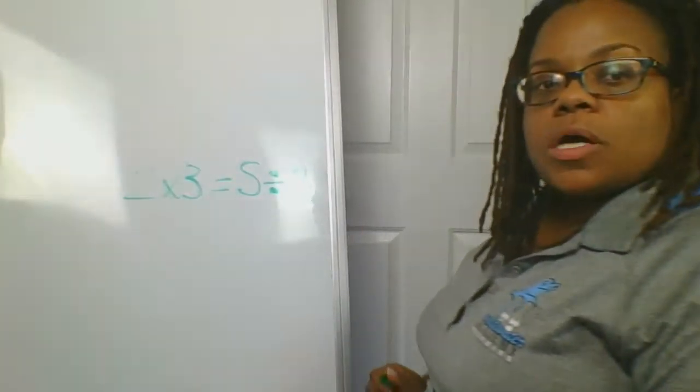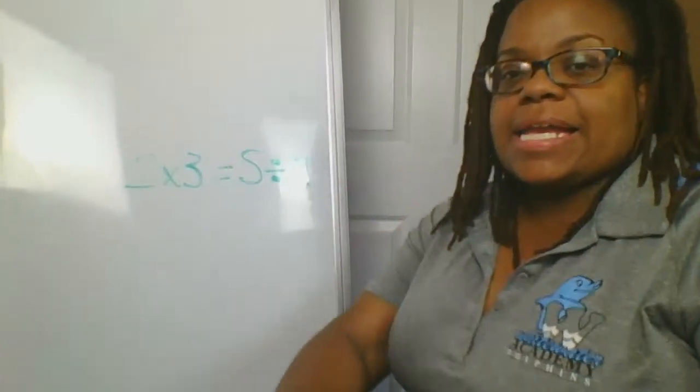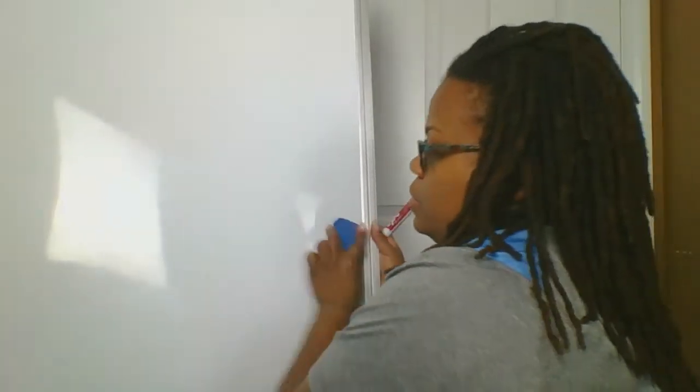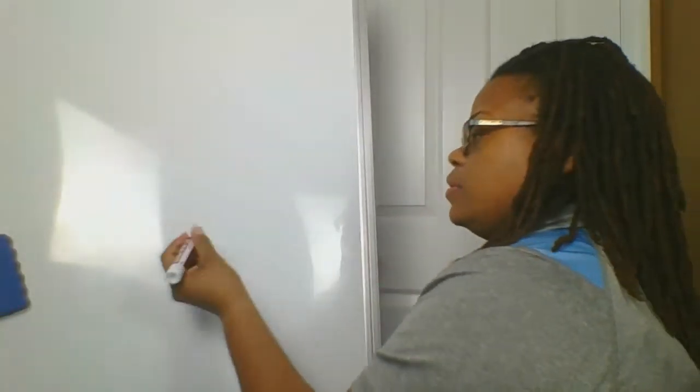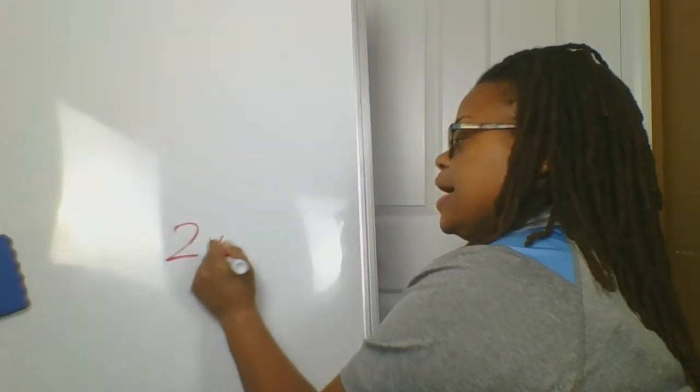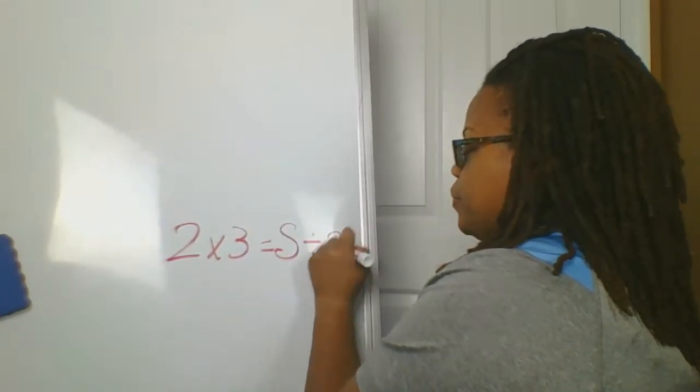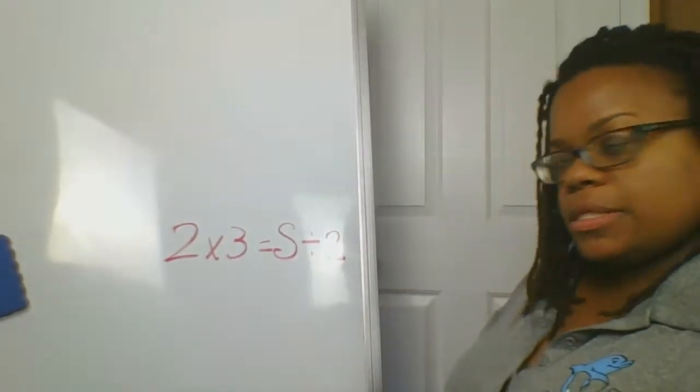All right. So we have to make each side balanced. Let me write that in a different color. 2 times 3 equals S divided by 2. All right, you should be able to see that better.